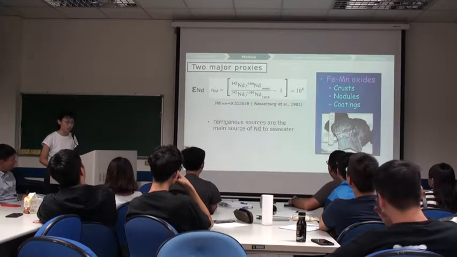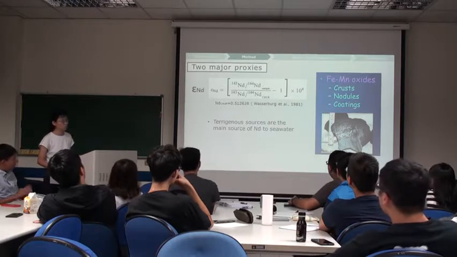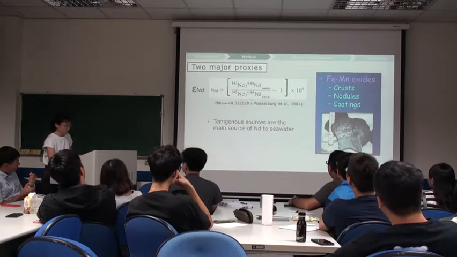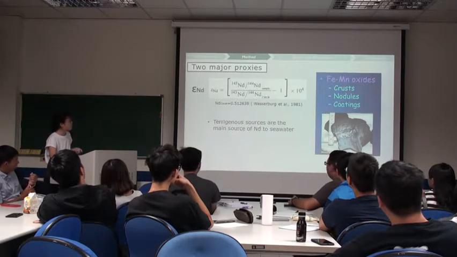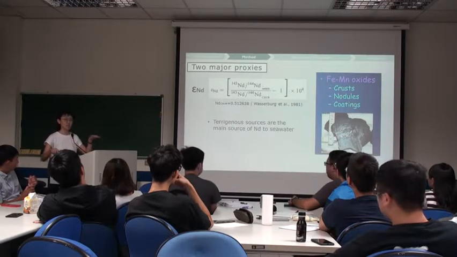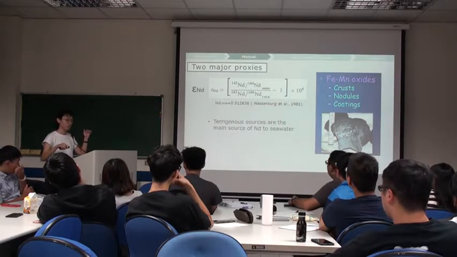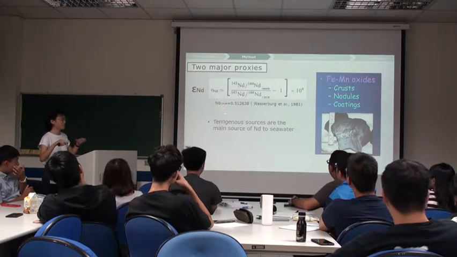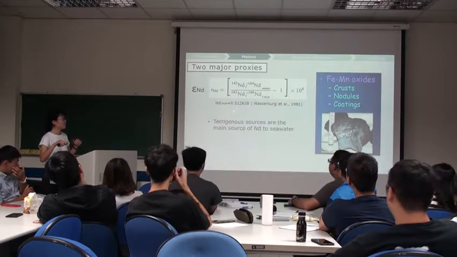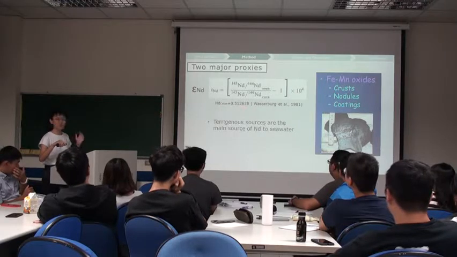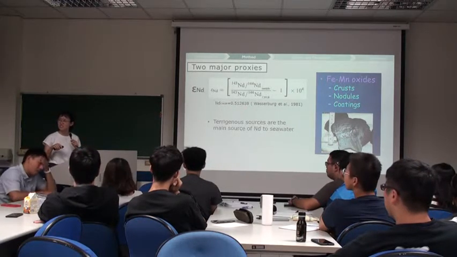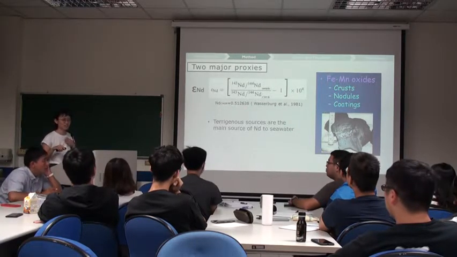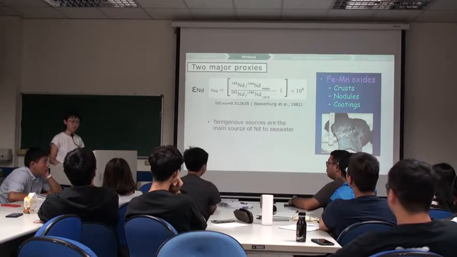This one. Yes. What is CHUR? CHUR is the standard of the neodymium, and this value is from meteorites. Is that okay?